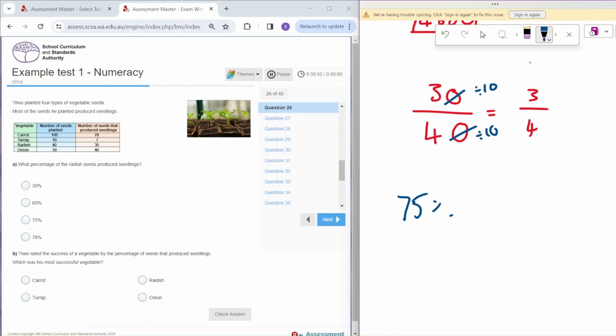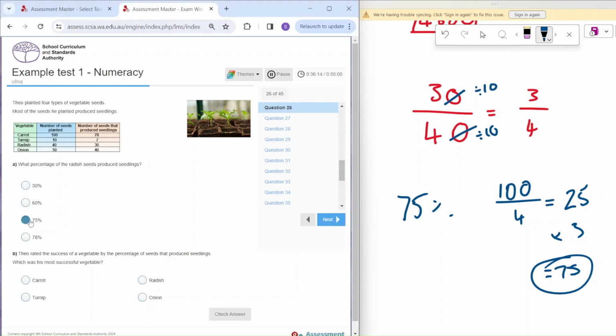But I look at this and I know 3 over 4 is 75, because if I break 100 into 4 parts, 100 divided by 4 is 25. And if I've got 3 of those parts, I'm doing 25 times 3, which is 75. So that's how I figured that out. We can confidently say 75.